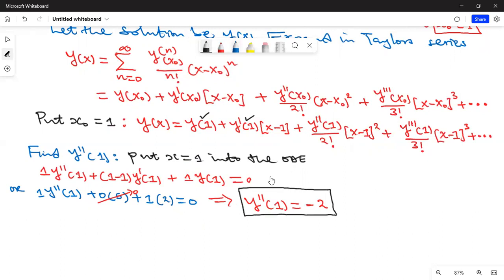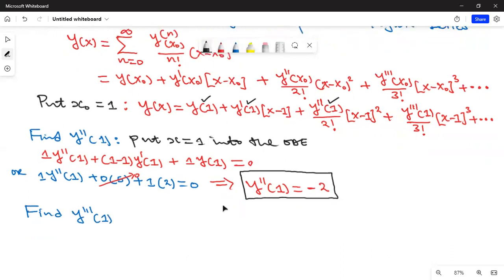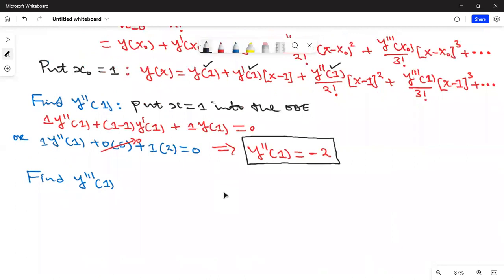The next thing, we need to find y third prime of 1. So remember, we have found this, so we remain with y third prime of 1. So what do we do? There are two steps here.